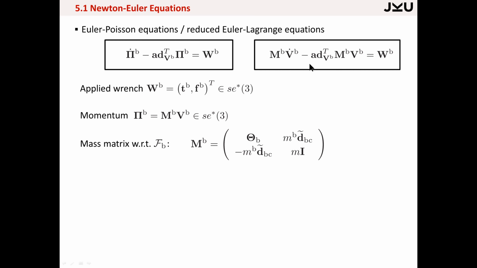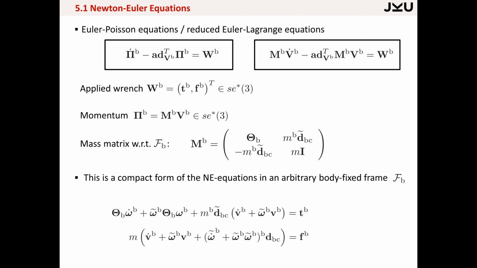Again, this is just a fancy way of writing what you know from your undergraduate course in dynamics. What we have here is just a mass matrix that has the inertia tensor of the body, and d_Bc is just the vector from the reference frame to the center of mass. That's all you need. If you multiply this out, this is the standard equation for the Newton-Euler equations, where the first one is the Euler equation and the second one is the Newton equation.